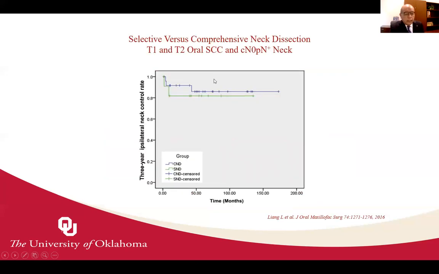When you compare the selective versus the comprehensive neck dissection in oral cavity cancer treated with selective neck dissection in a pathologically N-positive neck, the control in the neck is statistically the same.